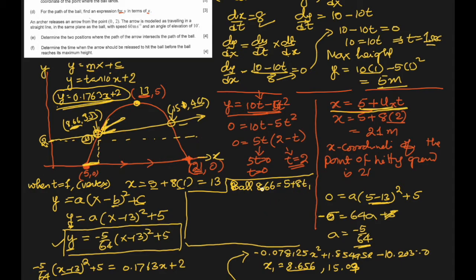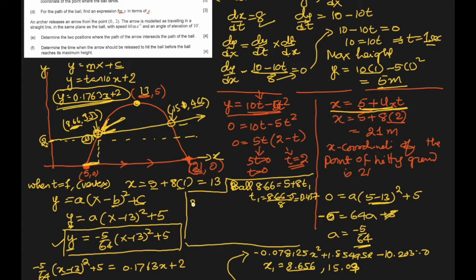This is the time when the ball will be released. So t1 will be 8.66 minus 5 divided by 8, which is 0.457.